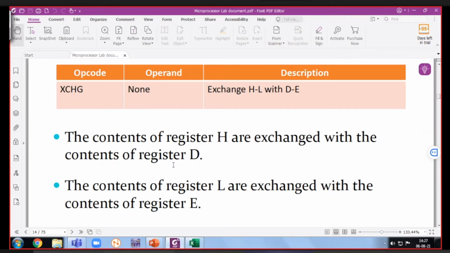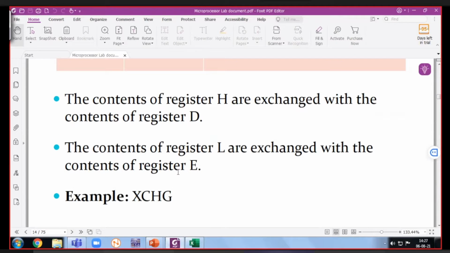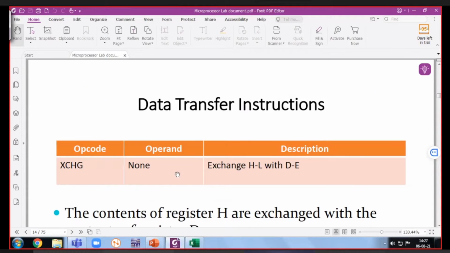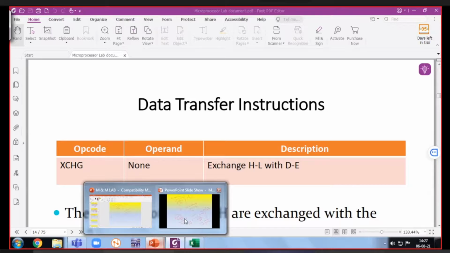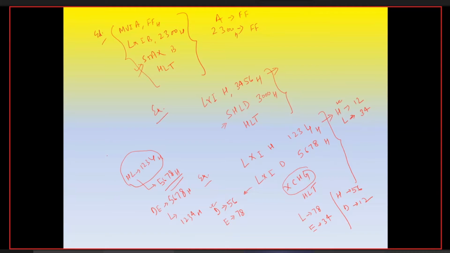LXI H में क्या होगा, LXI D में क्या होगा? Now you understood, all of you. So that is exchange. So this is all about the data transferring.